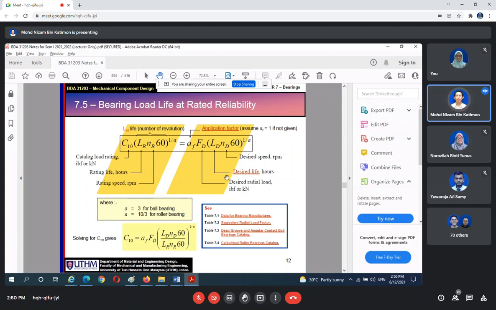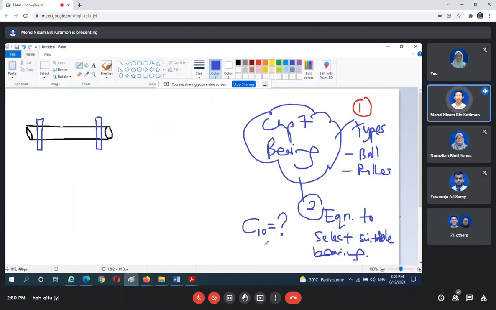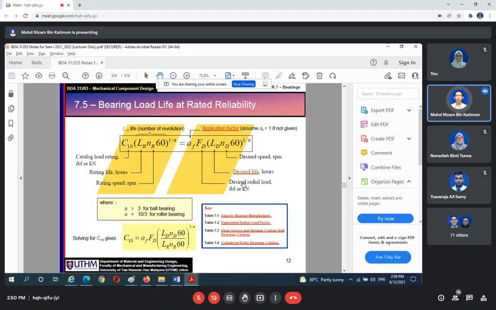What is the desired speed? Desired refers to our setting, what we want. Desire means customer requirement.